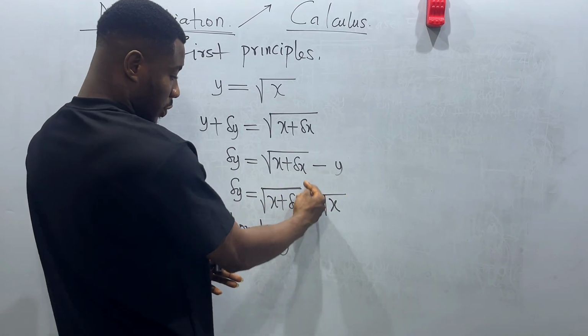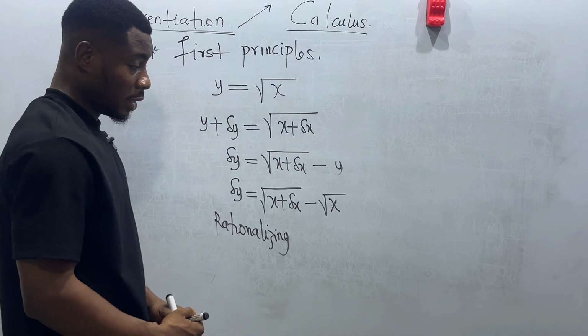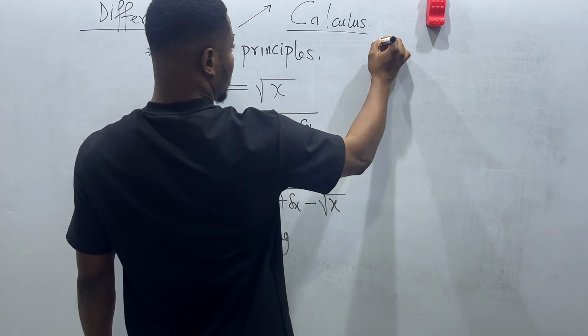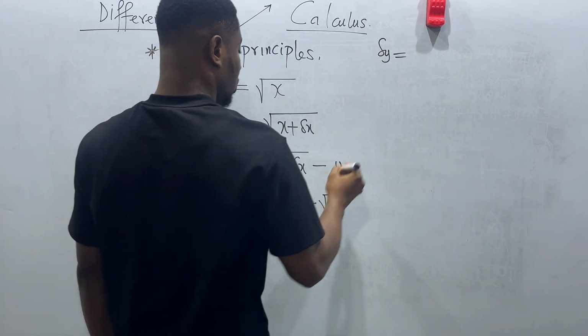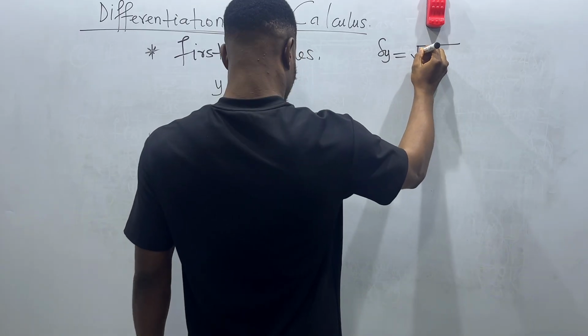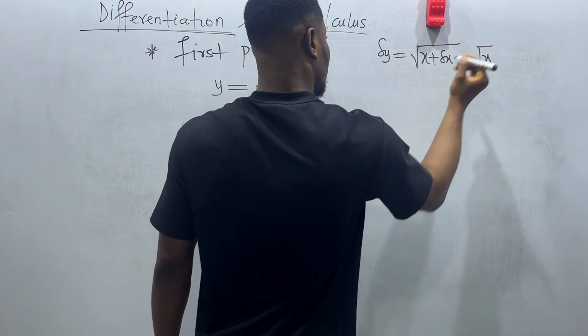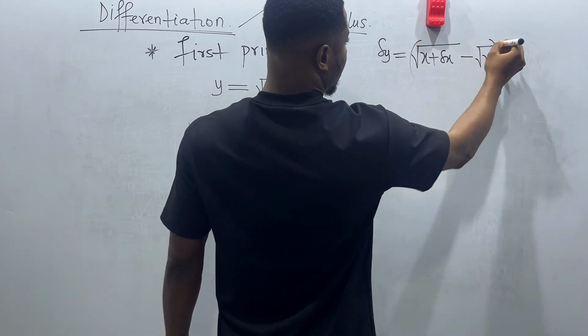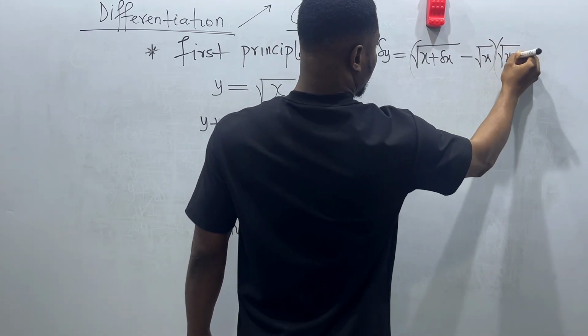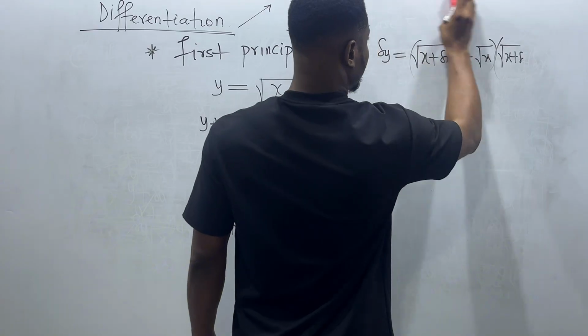The conjugate of this surd is to change the sign here to positive. So when I rationalize, I'll be having change in y is equal to square root of x plus change in x minus square root of x, and I'll multiply this by square root of x plus change in x plus square root of x.